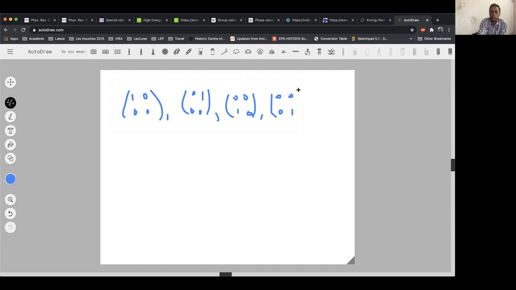These are the 4 basis vectors. These are called natural bases in matrix space, and these are the natural basis for the 2 by 2 matrix space.